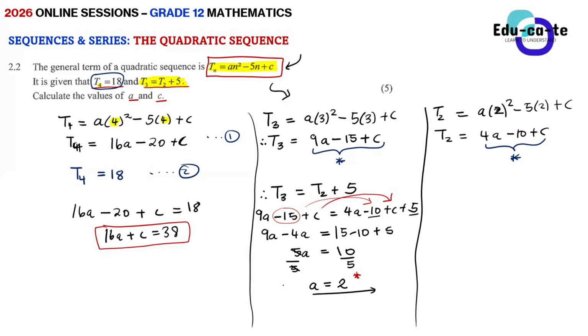So we can just substitute here and say 16 times 2 plus C is equal to 38, and then solve this. 16 times 2 is 32, right? So this is going to be 32 plus C is equal to 38. You transpose the 32 to the other side. What is 38 minus 32? 6. So that's the value of A and C.